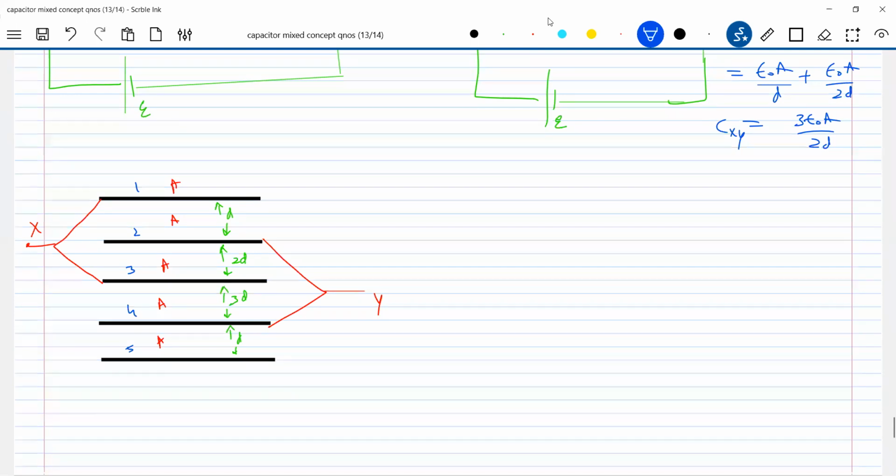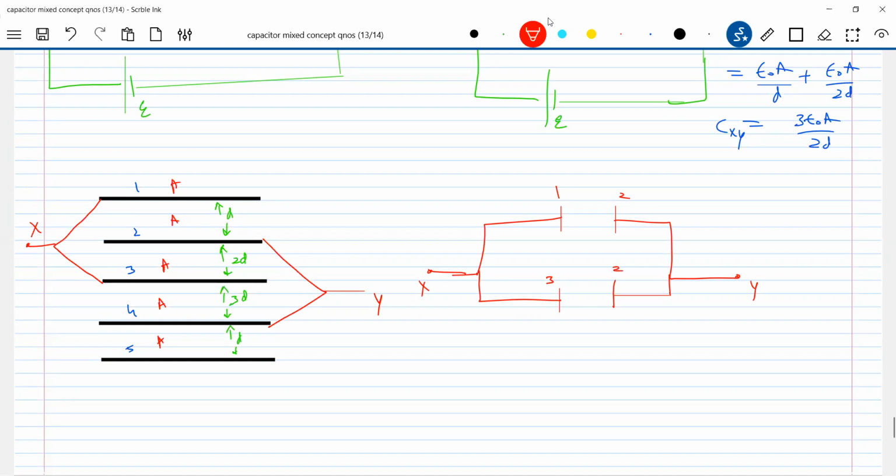So this is X. There's a terminal from X to plate 1, 1 to 2, and 2 is connected to Y. And from 3, X is connected to plate 3, and between plate 3 and 2 there's a capacitance.